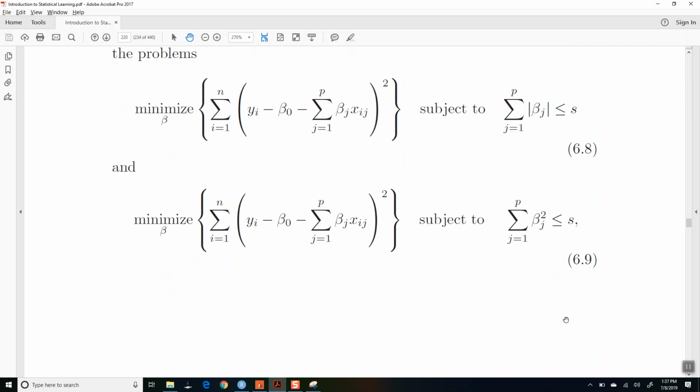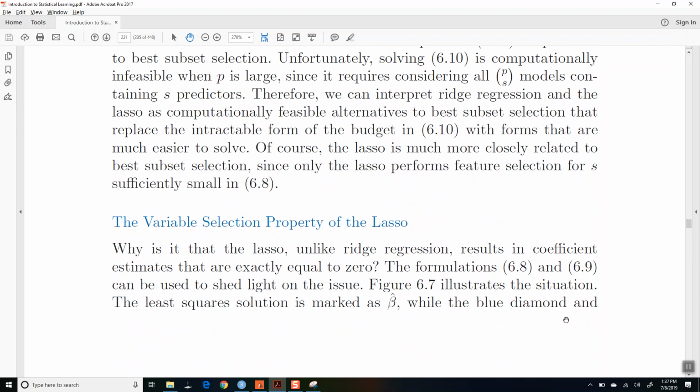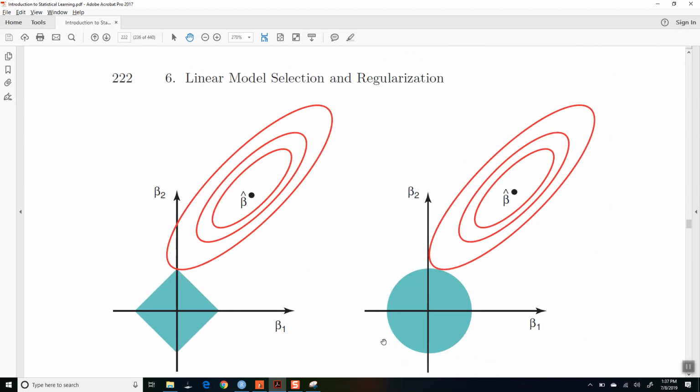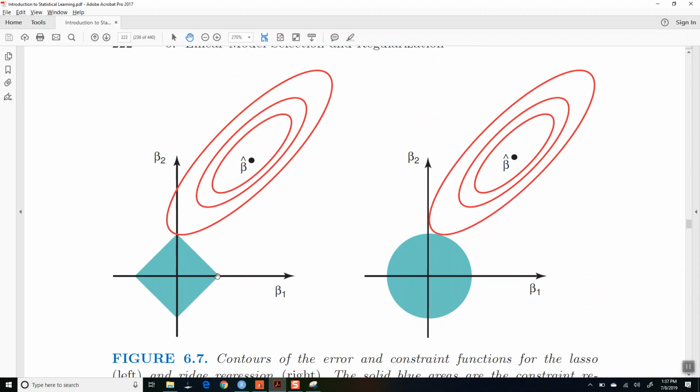And so what that picture ends up looking like: for lasso, the constraint ends up looking like a diamond, because of the way absolute values work. And so it ends up preferring to find the optimal solutions at corners, okay?